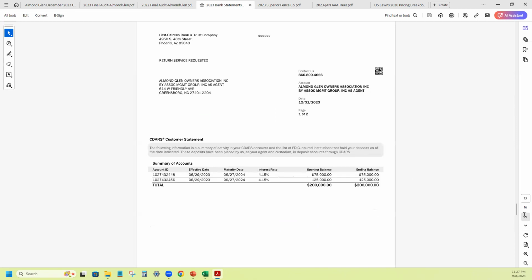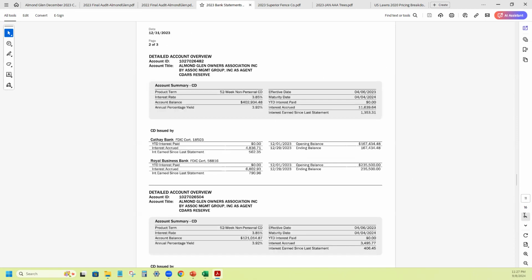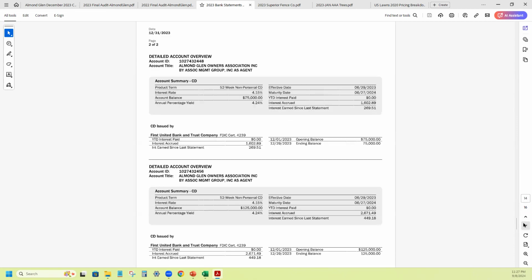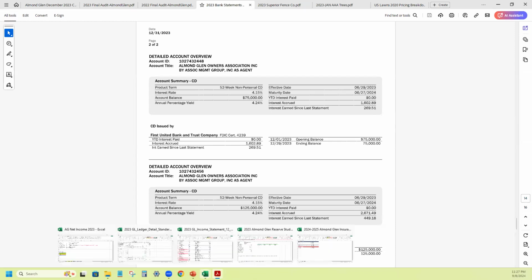And so going to the 12/31 bank statements, we see here we had 4 certificates of deposit, these gray boxes. We had 11,639.34 of interest accrued, then 1,602, and then 2,671 of interest accrued on these investments.